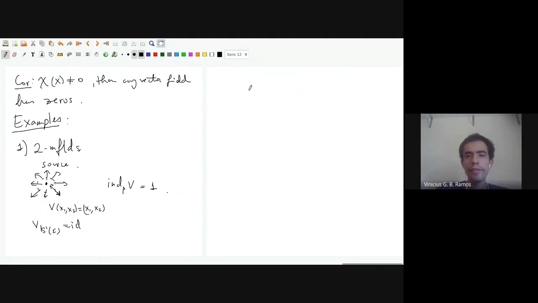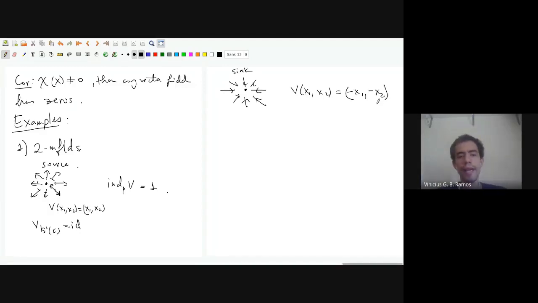Okay, so the next thing you could do is a sink. A sink you can think of locally as a vector field that goes minus x1, minus x2. And here the index will be the degree of the map minus identity along S1.